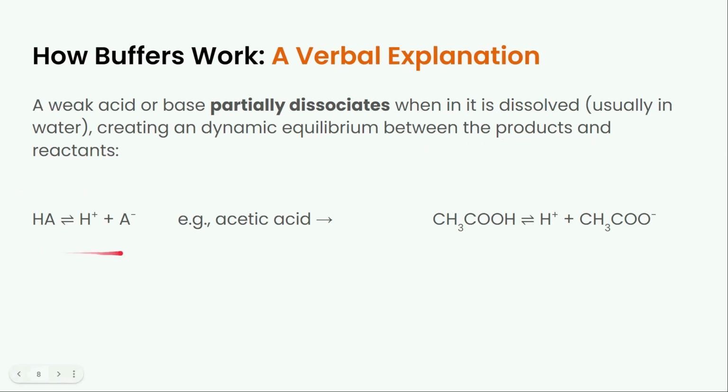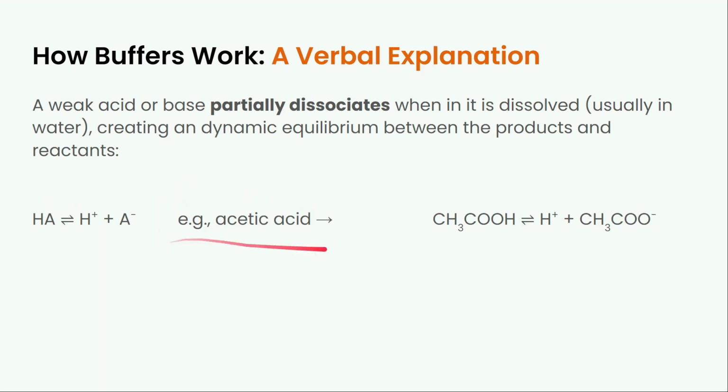We can express that generally, like I've done here on the left. HA, which is any acid, partially dissociates into some protons and its conjugate base, A minus. And these opposing single-headed arrows denote that the reaction doesn't go to completion and it's reversible.